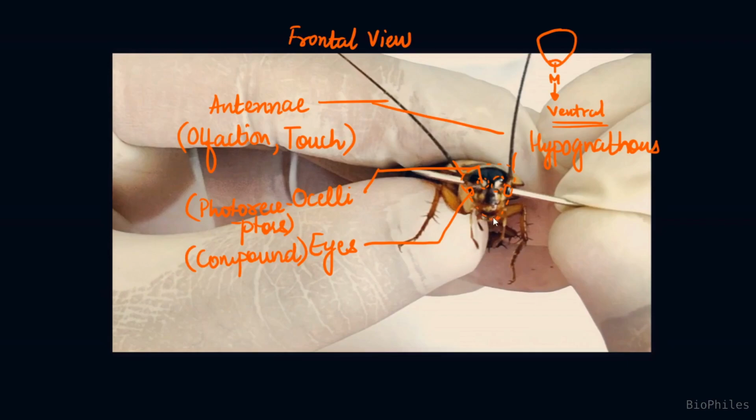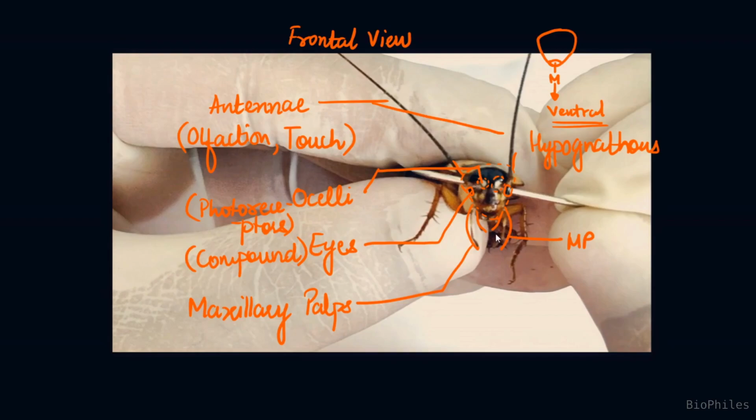Now, at the tip of the mouth, we can see four protuberances, two longer ones and two shorter ones. The two longer protrusions are called palps, specifically maxillary palps, because they are emerging from or are a part of the maxilla.